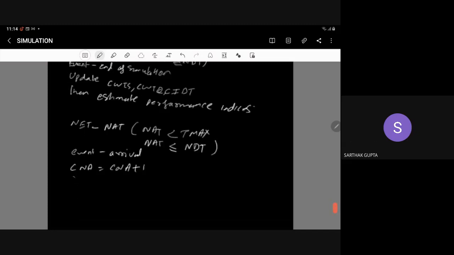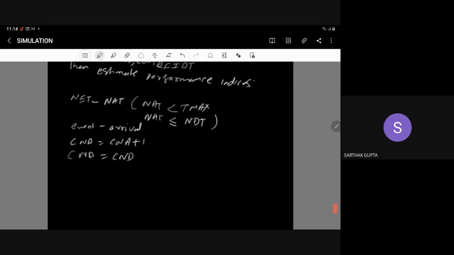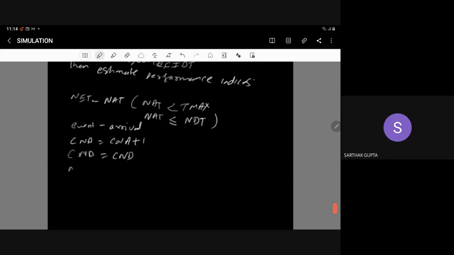CND will remain as it is. There is no change in the CND. Then NS, the number of customers in the system, will increase by 1 due to the arrival. NQ will also increase by 1.